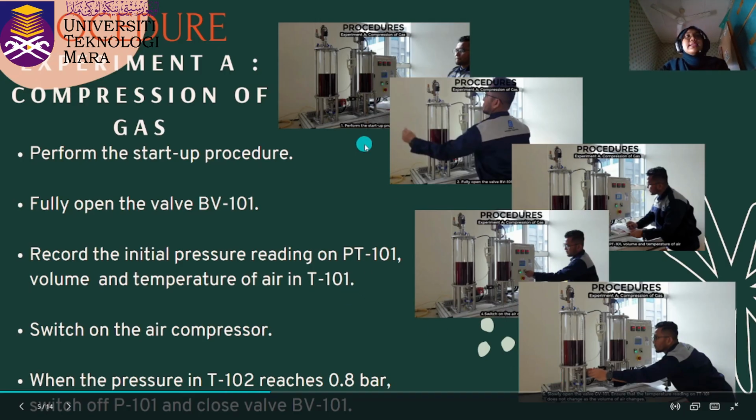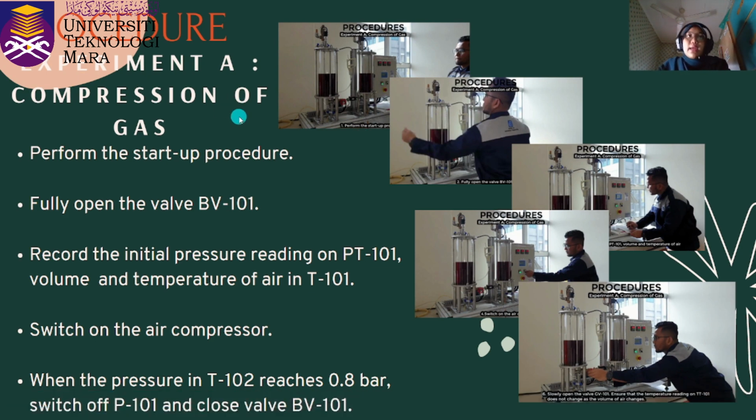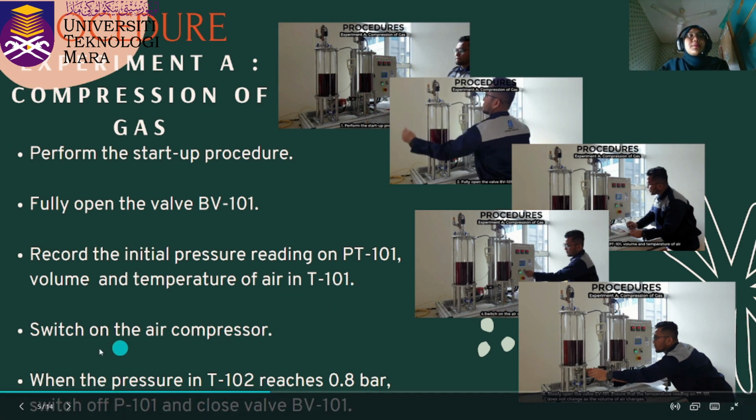The next one is the procedure for experiment A, which is compression of gas. So first, perform the startup procedure. Next, fully open the valve BV101. The third step is record the initial pressure reading on PT101, volume and temperature of air in T101.